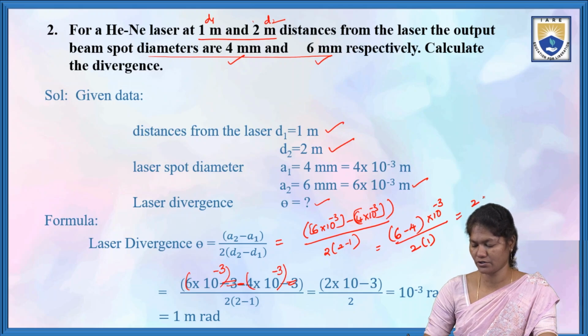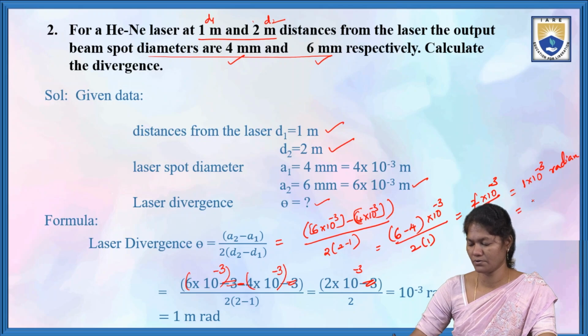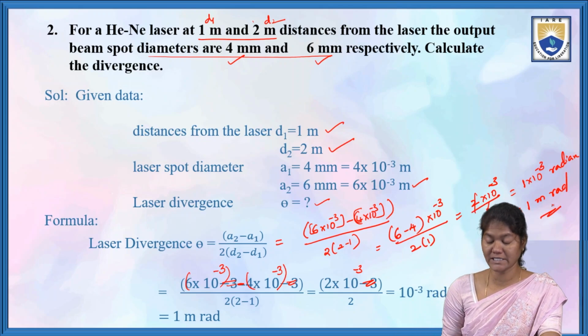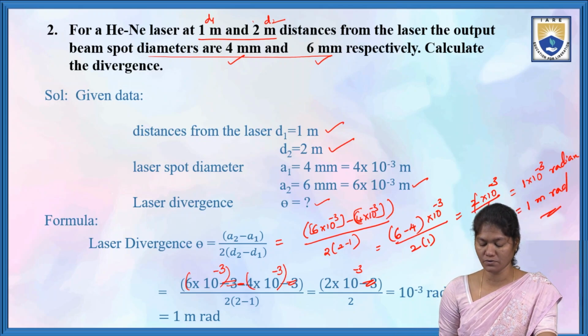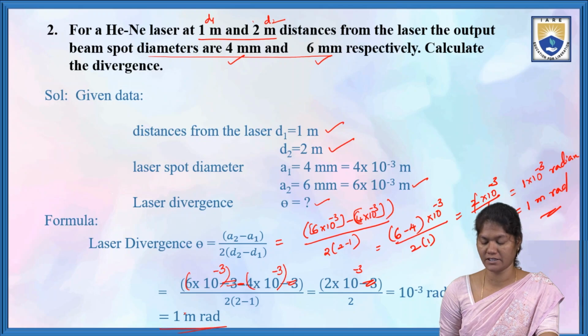So that is equal to 2 into 10 power minus 3 divided by 2. So this is 1 into 10 power minus 3 radians. So we can write this as 1 milli radian. So laser divergence is equal to 1 milli radian.